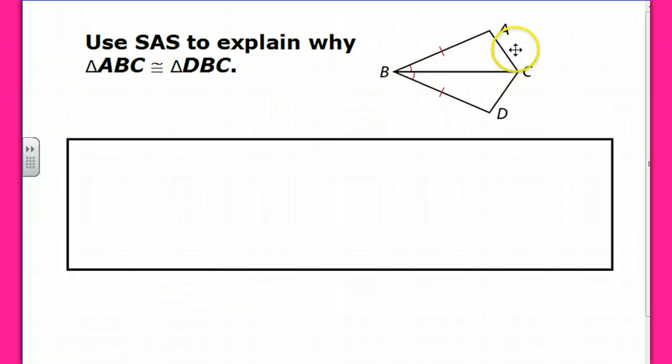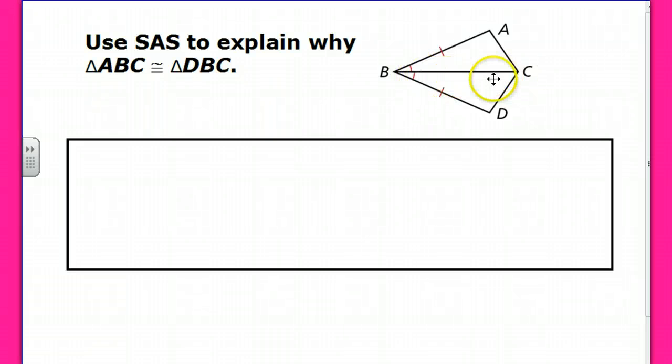Let's use SAS to explain why these triangles are congruent. Okay, we know that side AB is congruent to side BD, it's given. We also know that angle DBC is congruent to angle ABC, right? That's given. So we have side, angle, and we can say that BC is congruent to itself, right?